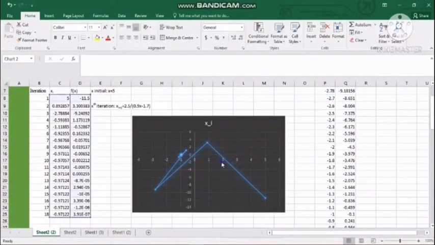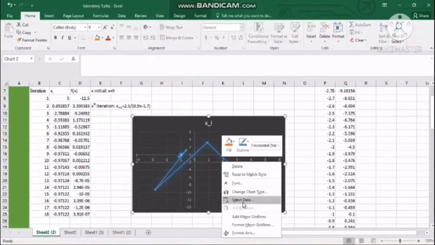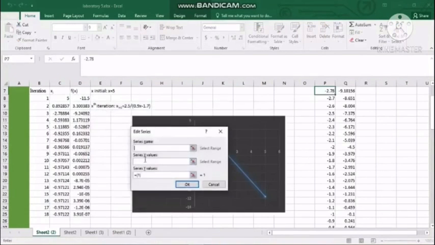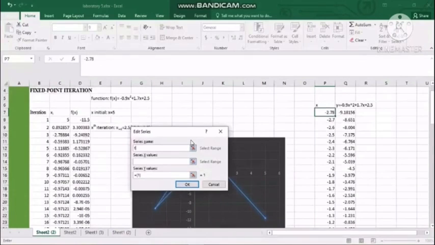To add the data of the trend, right click and select add data. Change the series name to f(x) = negative 0.9x squared plus 1.7x plus 2.5.